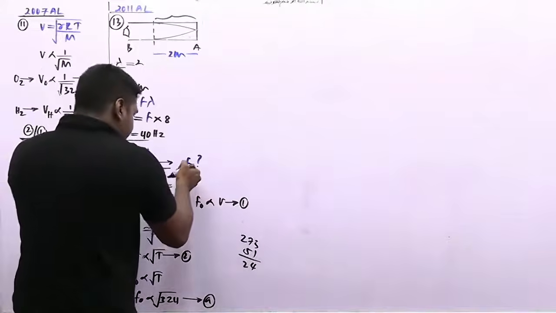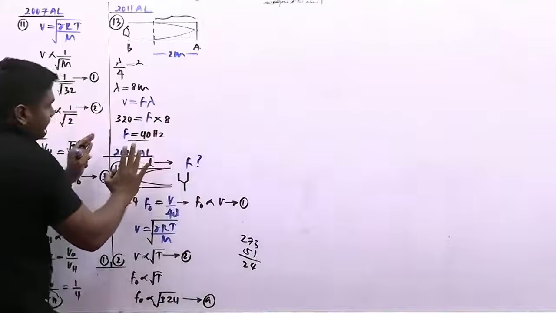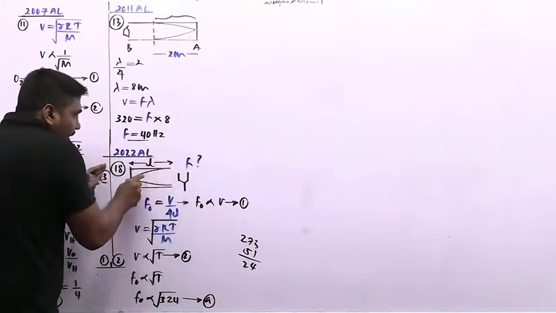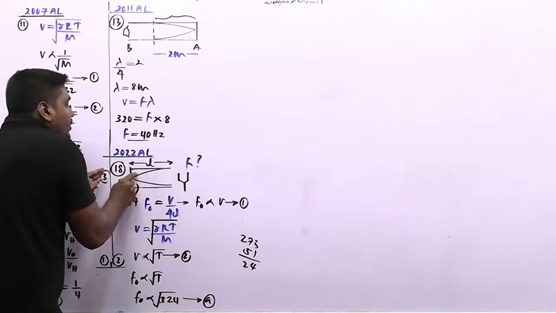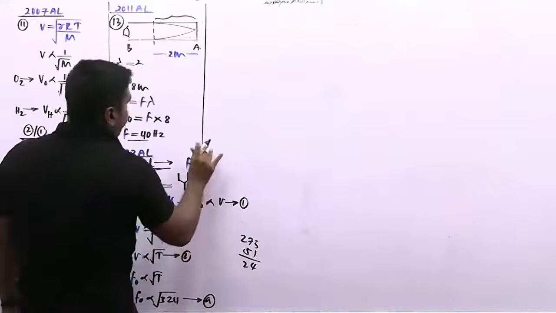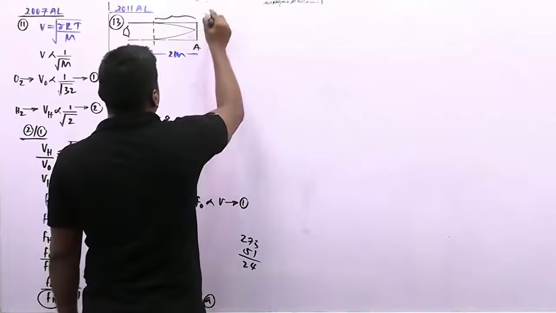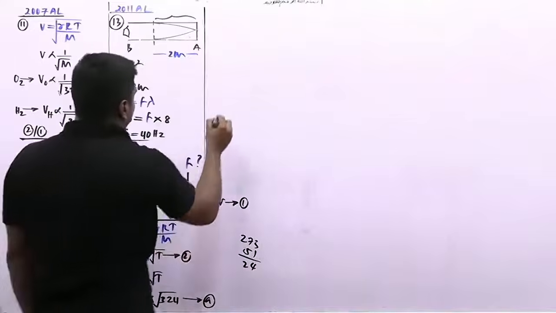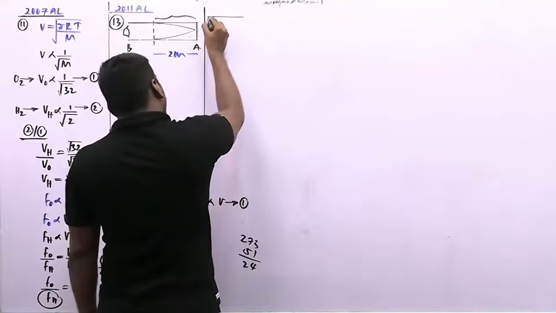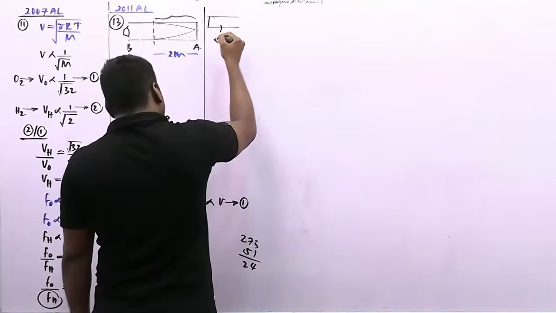The next scenario: same tuning fork, vibrated with a one-end closed tube, but this time the air column has a temperature of 127 degrees Celsius, which is 400 Kelvin.